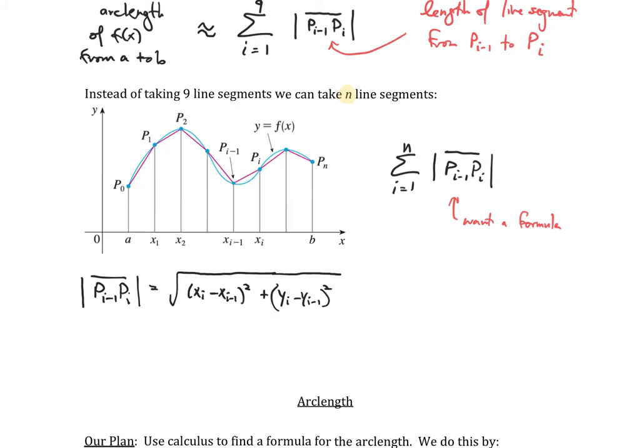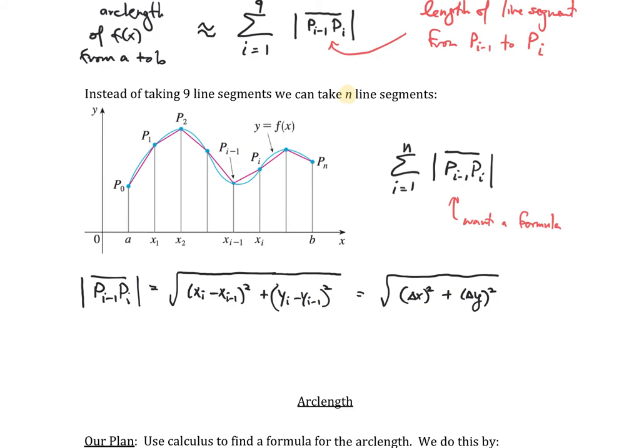Okay, and really we could rewrite it as delta x squared plus delta y squared, all under one giant square root.